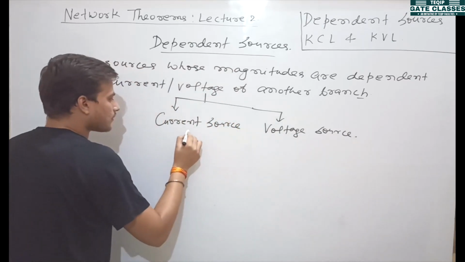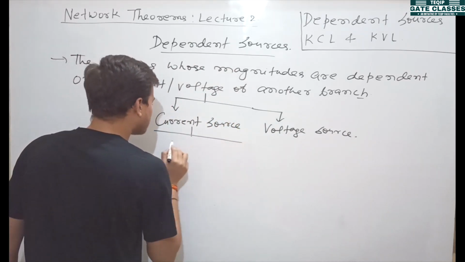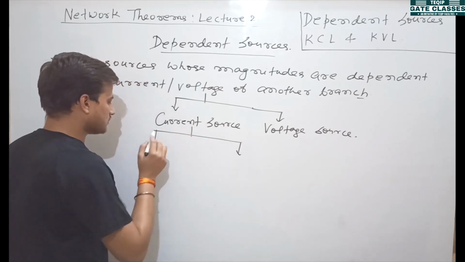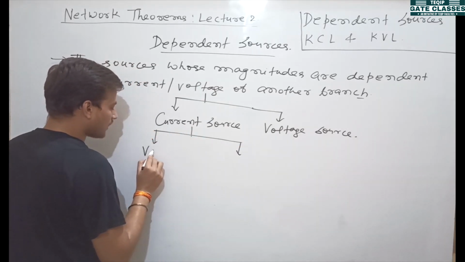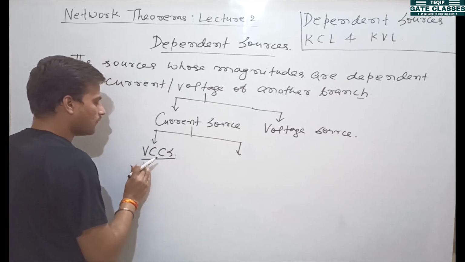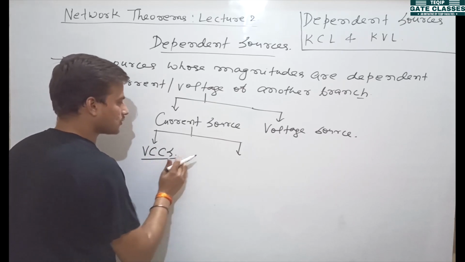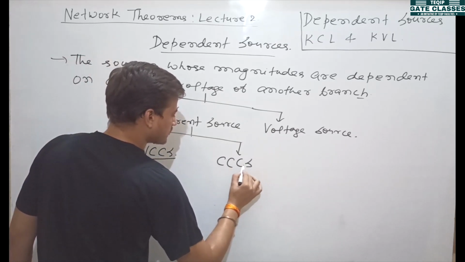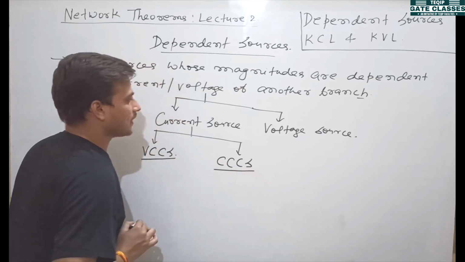Now in the case of current sources, there will be two types of dependent current sources. First one will be voltage controlled current source, VCCS. Second one will be current controlled current source, CCCS.